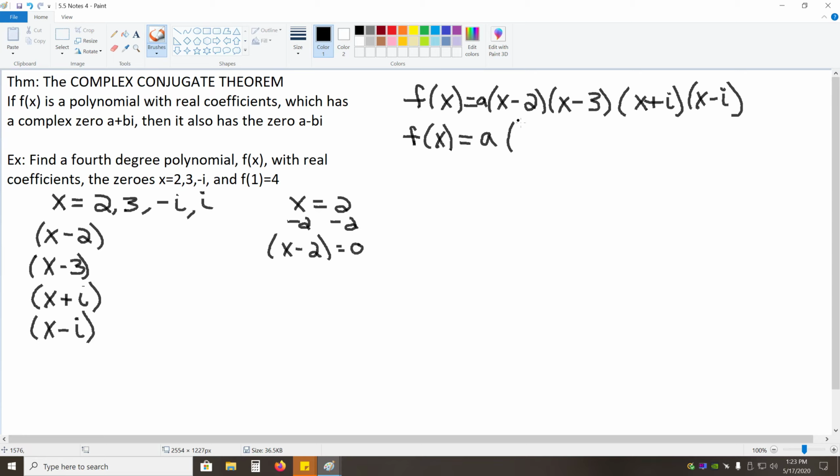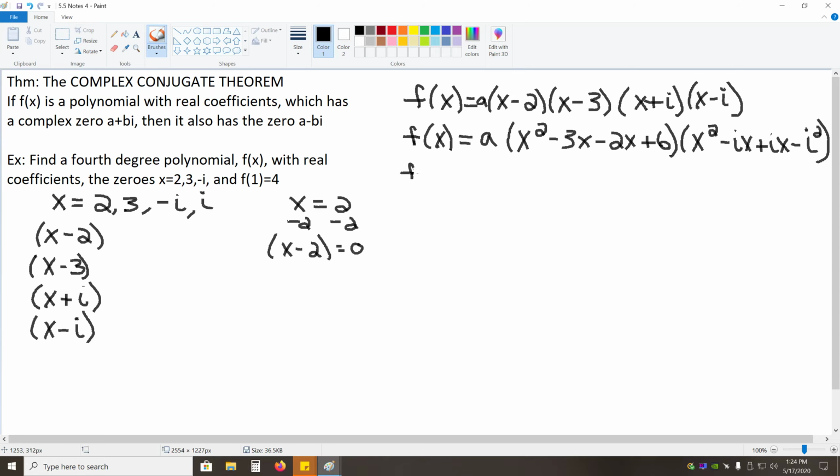When we multiply these out, we'll get x squared minus 3x minus 2x plus 6. And when we multiply out the x plus i times x minus i, we'll get x squared minus ix plus ix minus i squared.